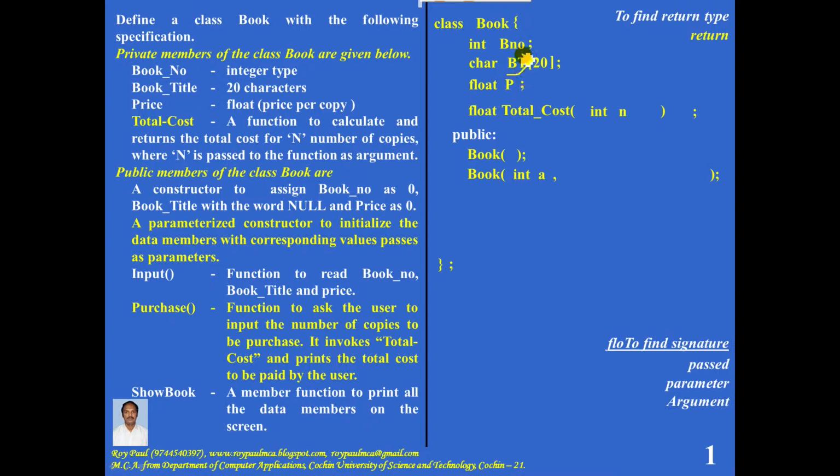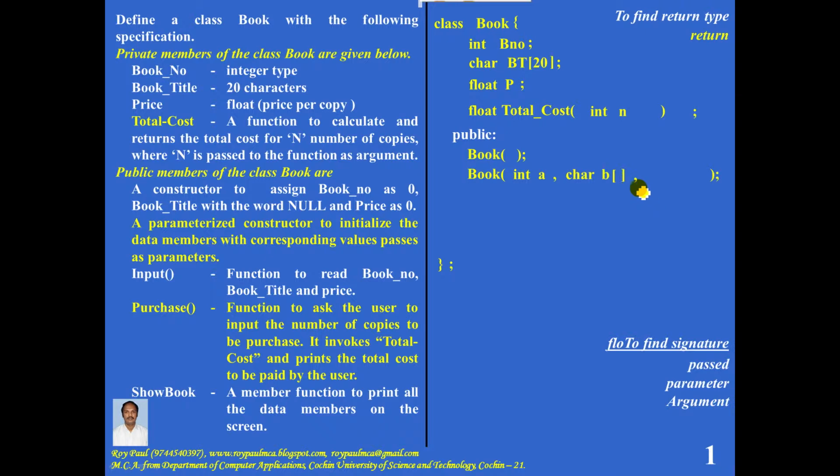Now the second data member should be initialized using the second parameter. This is an array of characters, so certainly the second parameter should be an array of characters. Here you don't need any size because this declaration is known as the prototype of a function or prototype of a constructor. In the function prototype, when you declare an array, the size of the array is not a must.